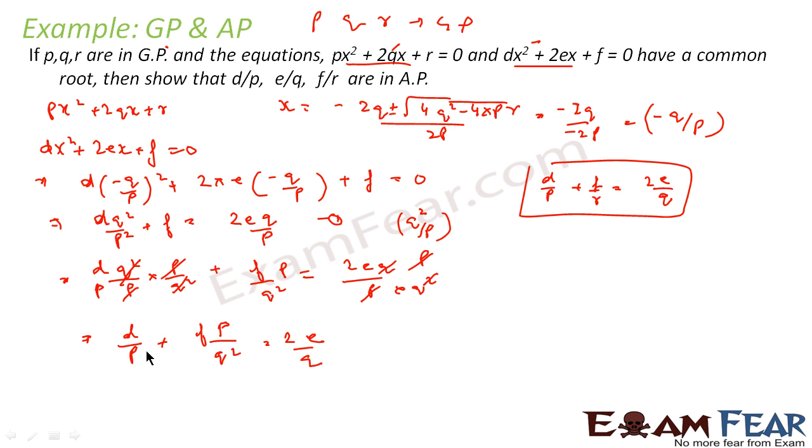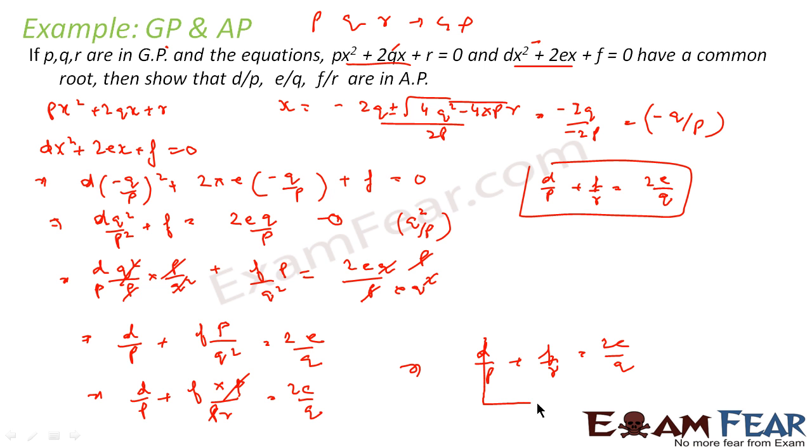We know q square is equal to pr because p, q, r are in GP, and we wanted something in f by r form. So f p by q square is f p by pr, and p cancels. What we get is d by p plus f by r is equal to 2e by q, and that is our answer.